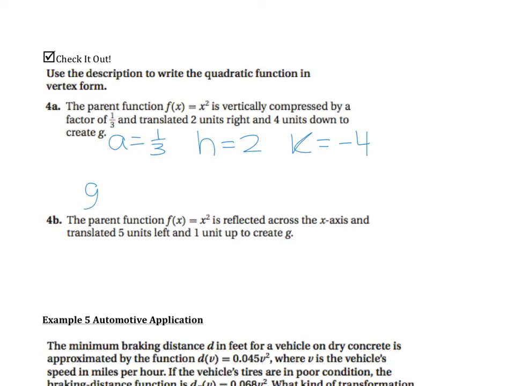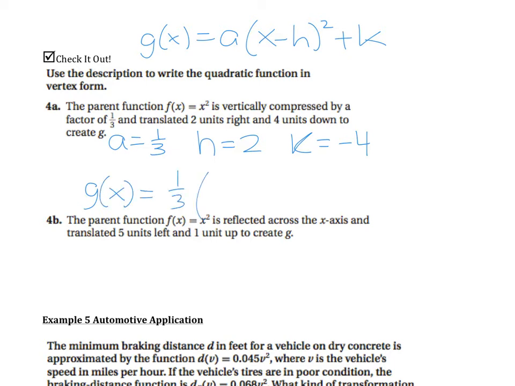So again, standard vertex form. So g of x would equal 1/3 times x minus 2 quantity squared minus 4. You try the next one.